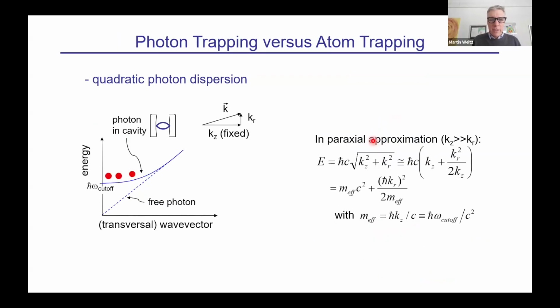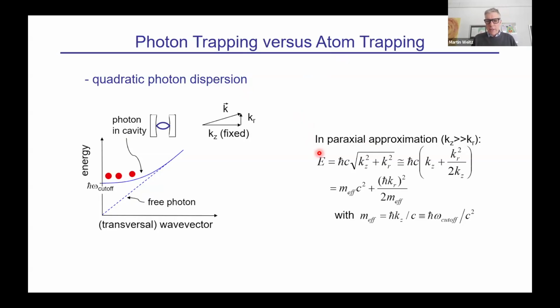On this next slide, I want to convince you that the trapping of photons in such a dye microcavity is formally relatively similar to atom trapping in a cold atom apparatus. The numbers are completely different. I already told you that we have a quadratic dispersion, but now let's work that out in detail.